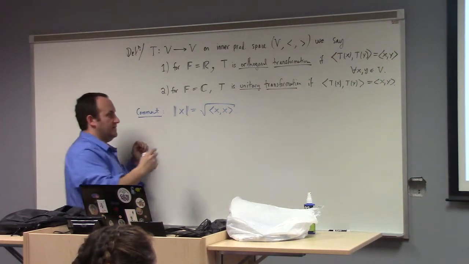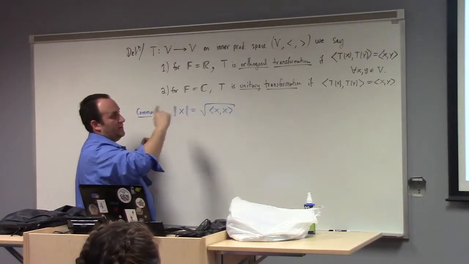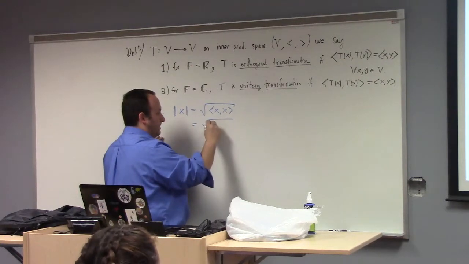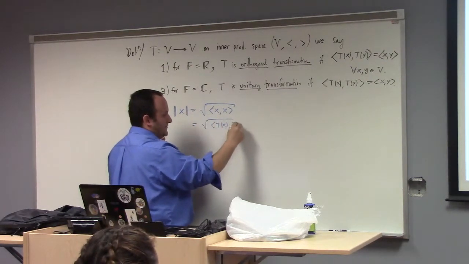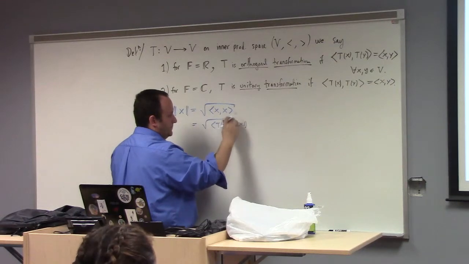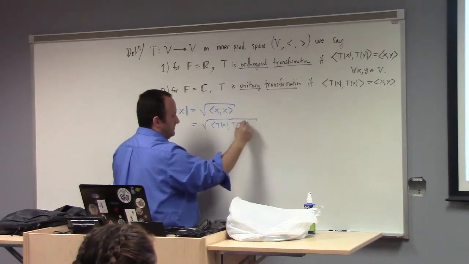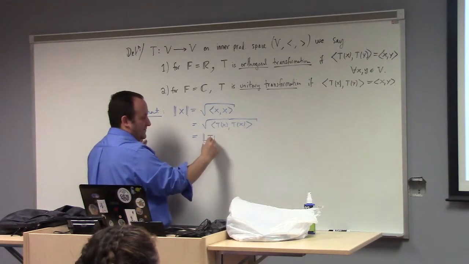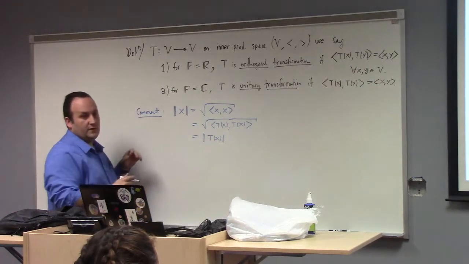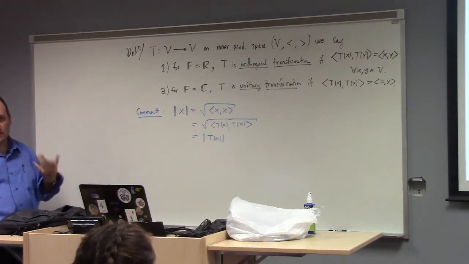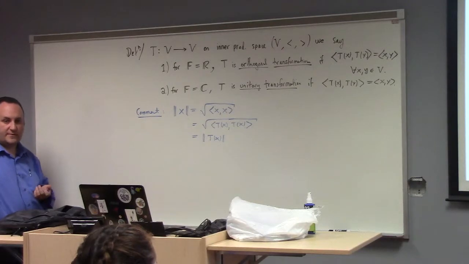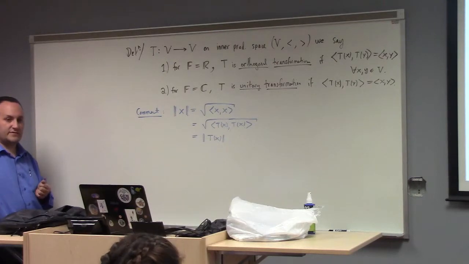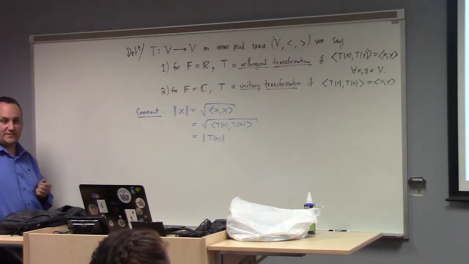But if we're looking at an orthogonal or a unitary transformation, we could just as well write the norm of T of x, which would be the length of T of x. So if we preserve the inner product under the transformation, that means we preserve the length of vectors. So one thing an orthogonal or unitary transformation will do is maintain the length of vectors.